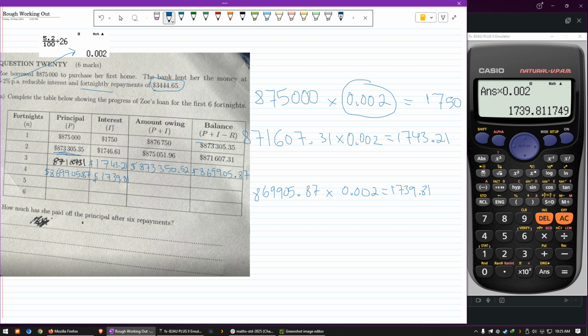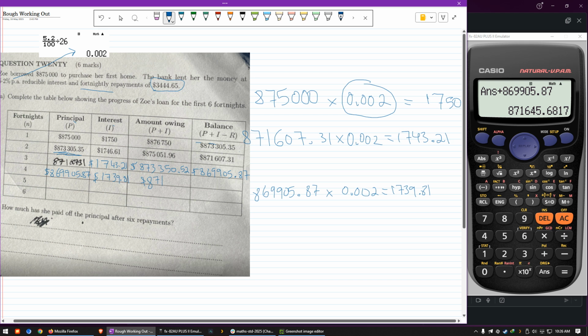So we'll add to this 869,905.87 to give us the amount owing at the end of the fourth fortnight, 871,645.68.